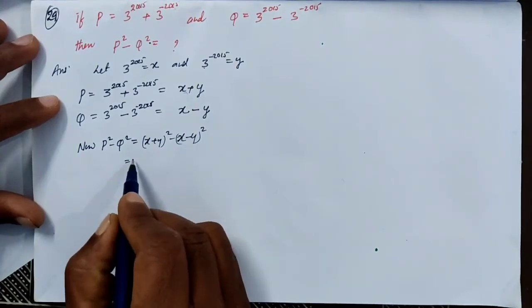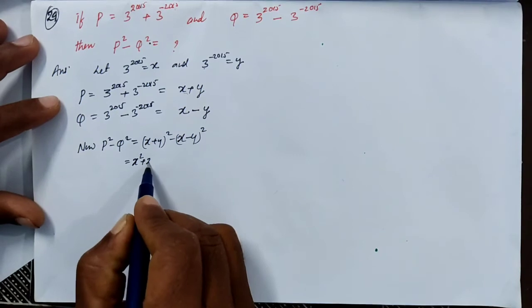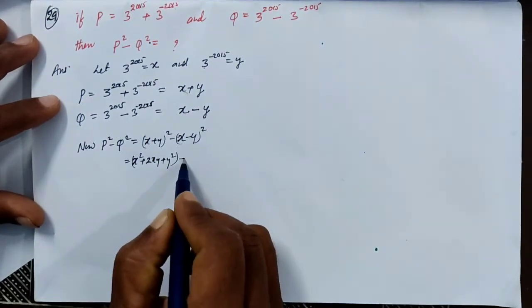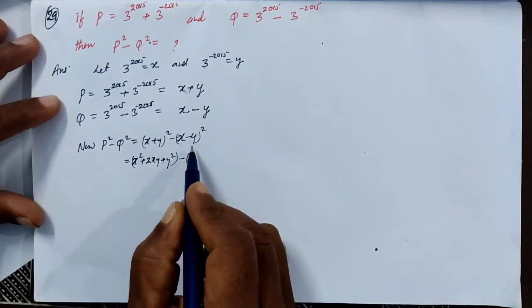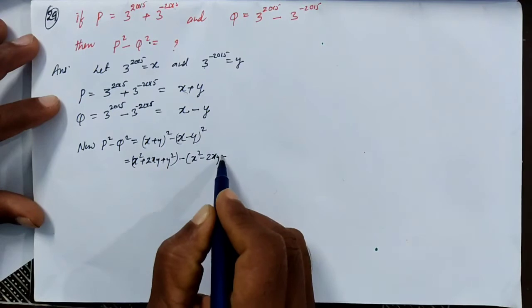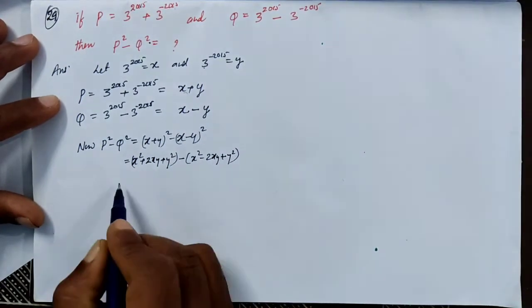So x plus y whole square is equal to x square plus 2xy plus y square, and x minus y whole square is equal to x square minus 2xy plus y square.